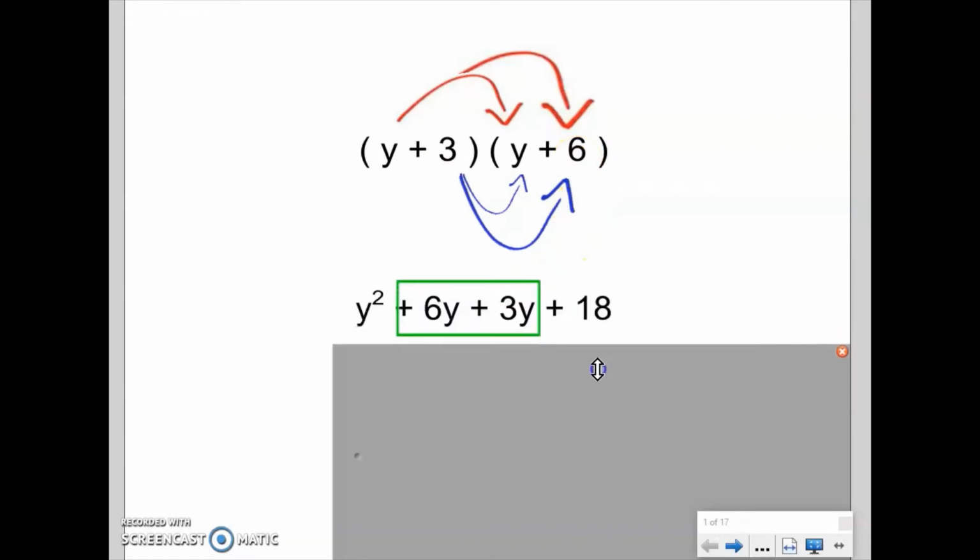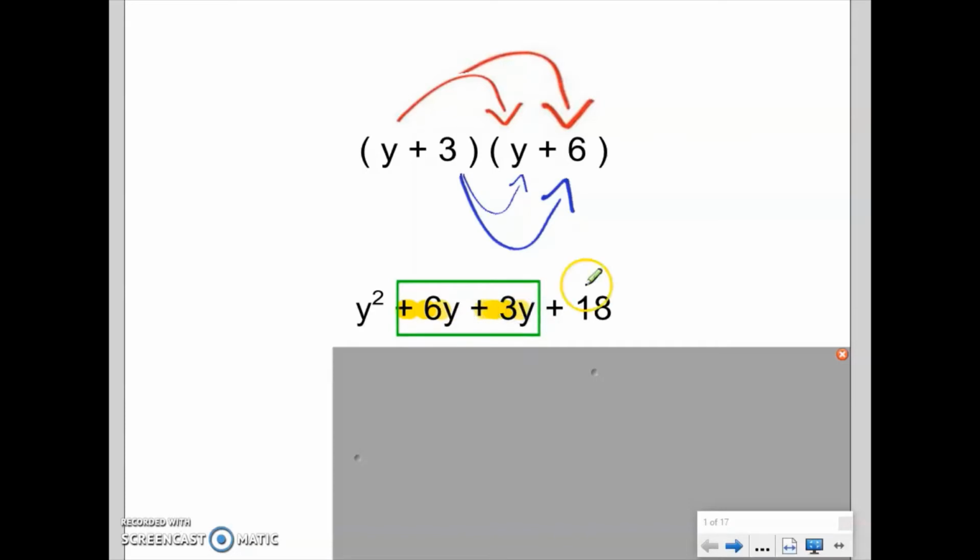So what we would find is we're left with 4 terms: y squared plus 6y plus 3y plus 18. These were the 4 answers to the 4 multiplications I just did up here, and each arrow shows you one of those 4 multiplications. Once I get to this point, you'll see that I've got a plus 6y, which I can put together with a positive 3y.